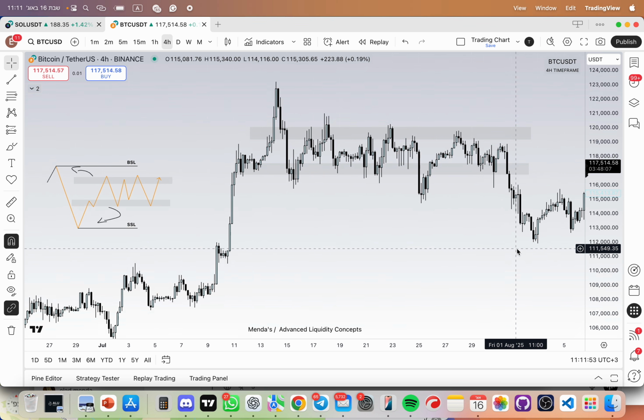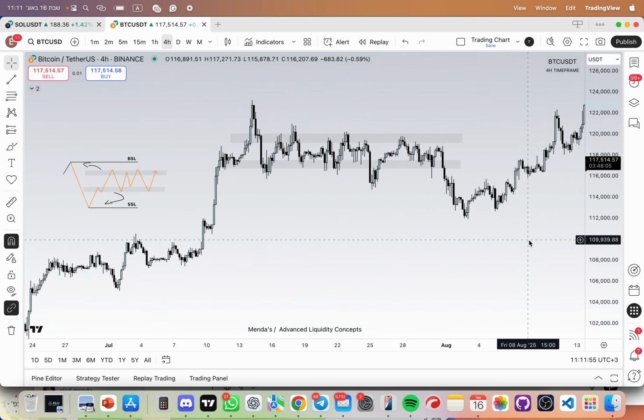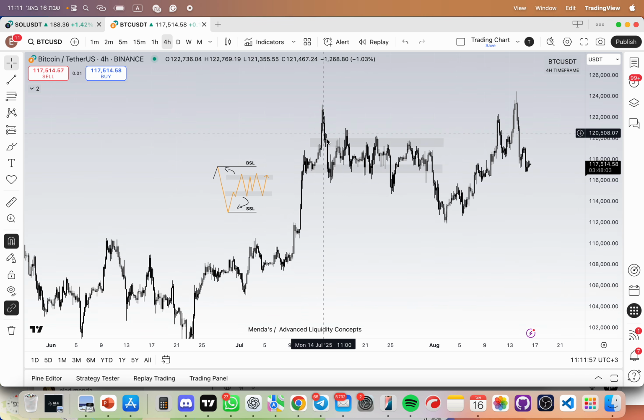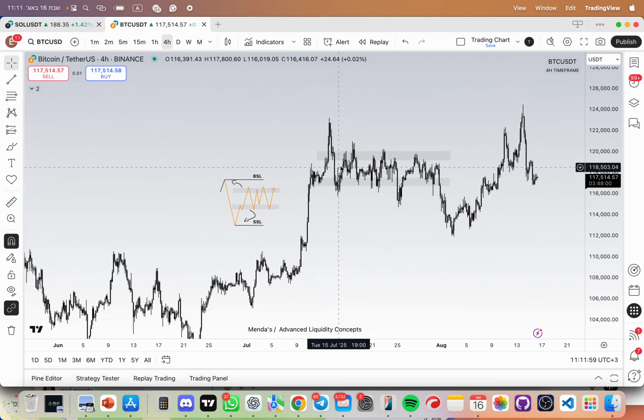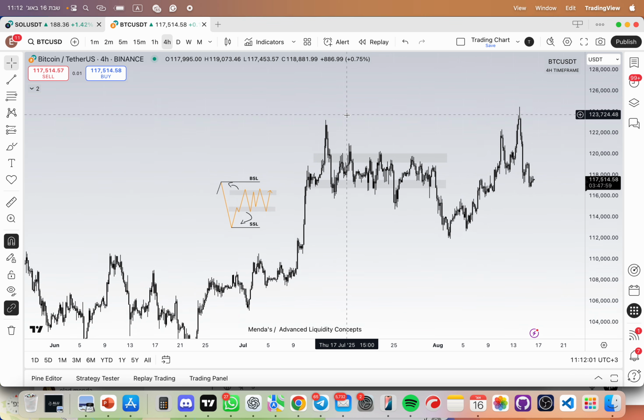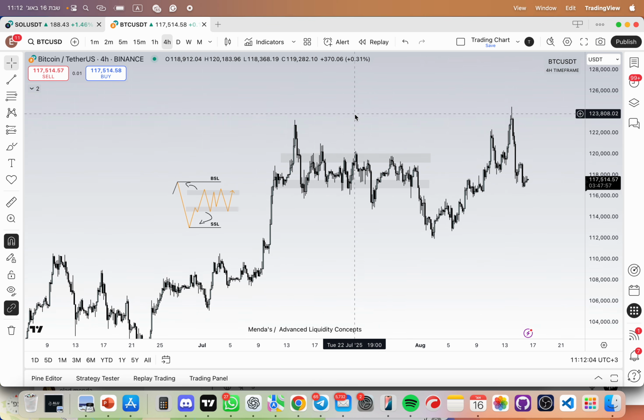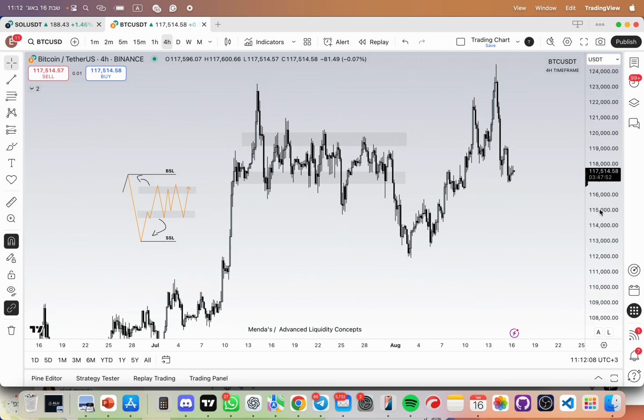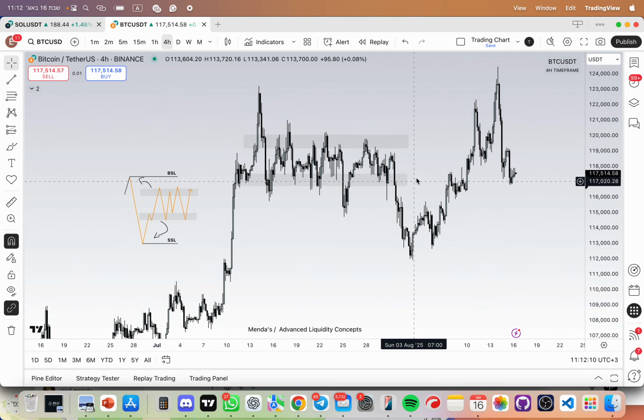But in Bitcoin, our trend is towards the upside. So where we see such a situation, we prefer longing, because price is attracted to the upside.